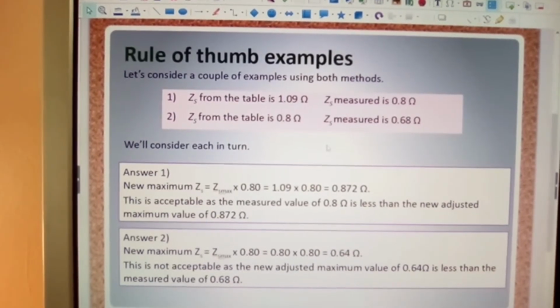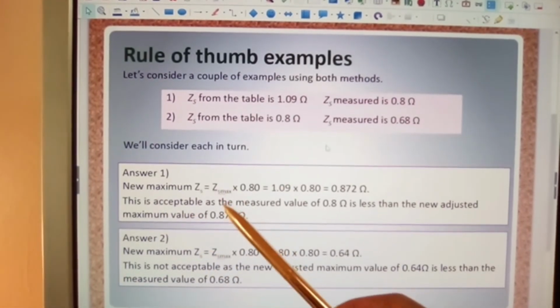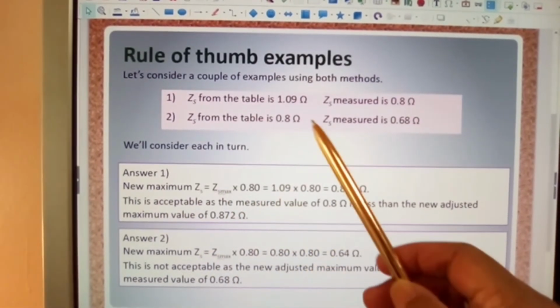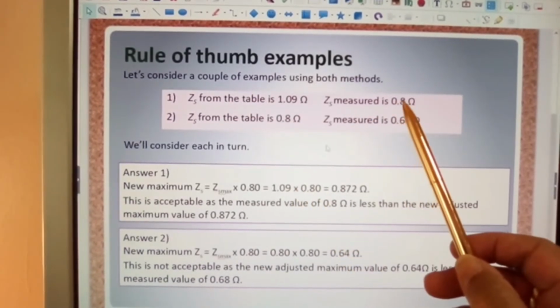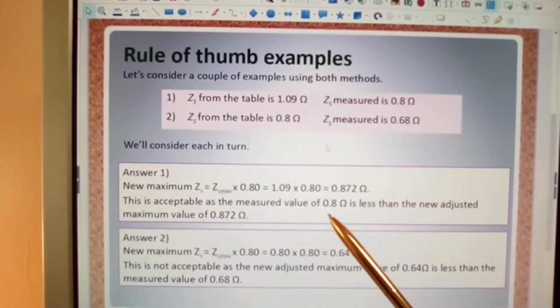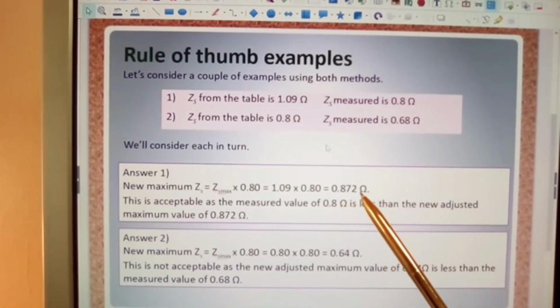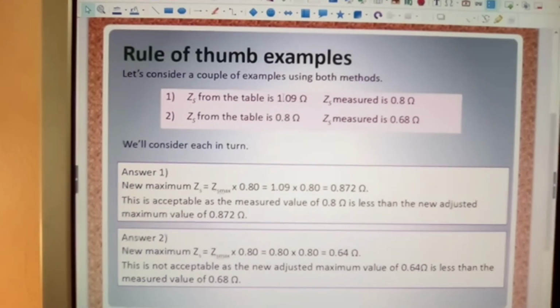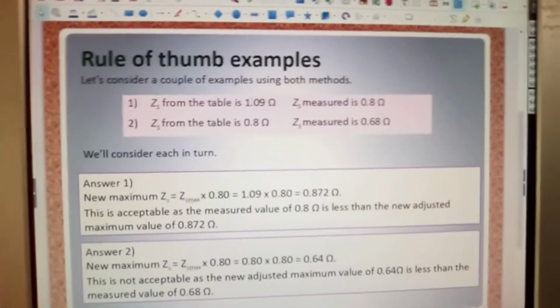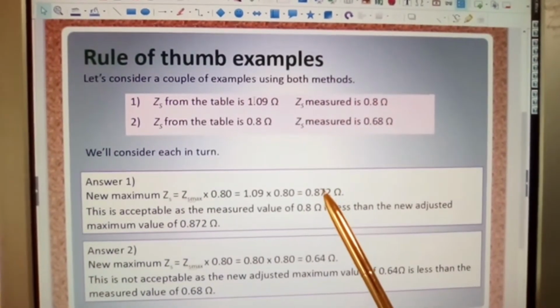And here you have your calculation being done for you. 1.09, which is here, times 0.080, which is here, equals 0.872 ohms. You then have to determine whether or not this value is acceptable.